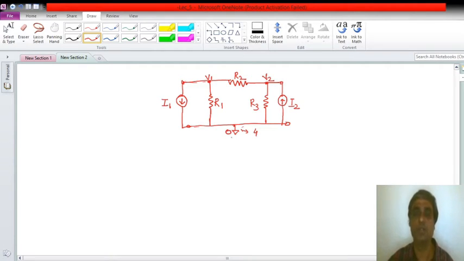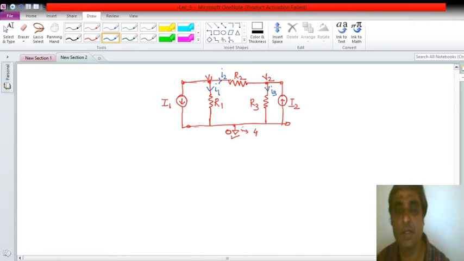So I have selected a reference node. The second point was to identify the nodes and name the node voltages. I have done that. What next? Then I will write the KCL at each node. In order to write, first let me assume the directions, and for convenience let us assume the leaving currents as positive. This is I1, this is I2, and now what remains is I3. Now I will write the equation for each node.